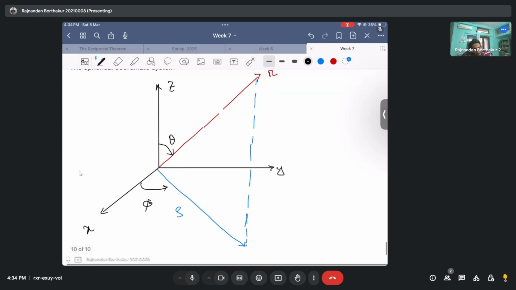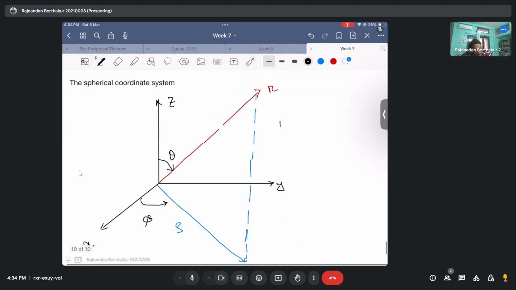So this R, theta, phi form an orthogonal basis, and this coordinate system of R, theta, phi is known as the spherical coordinate system.